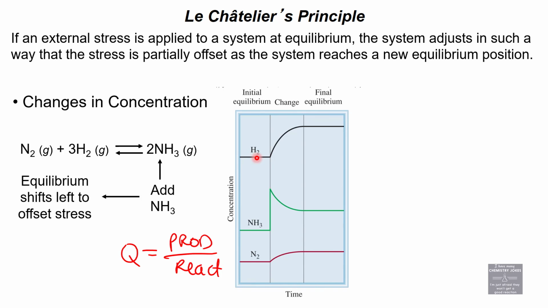Your starting equilibrium and final equilibrium concentration values of H2 and NH3 and N2 are not the same. So your concentration values in the beginning and in the end change, but your K value stays the same as long as you're at the same temperature.